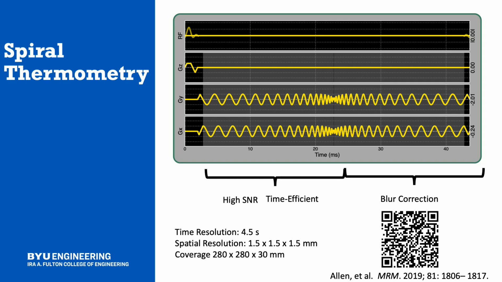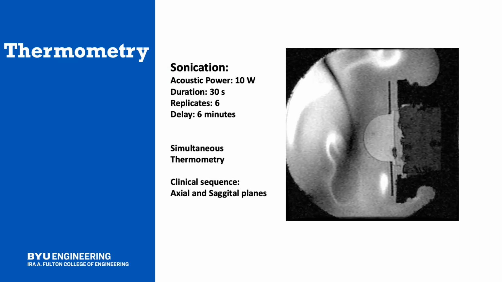Our hypothesis is that this sequence, with the maximized energy deblurring technique described at the QR code here, will produce temperature estimates equally accurate as the current clinical thermometry sequence. We tested this hypothesis by placing a gel phantom at the center of an Exablate Neuro transcranial transducer, and then insonating this gel target with the requested acoustic power of 10 watts for 30 seconds.